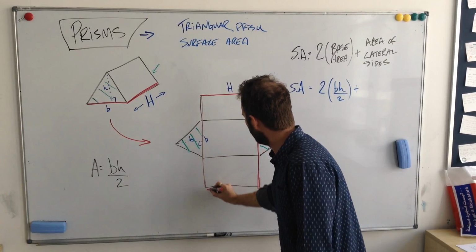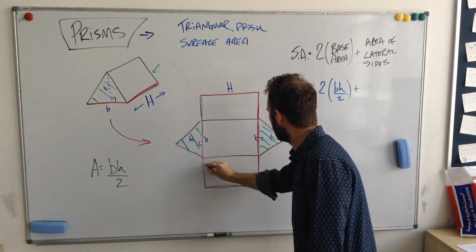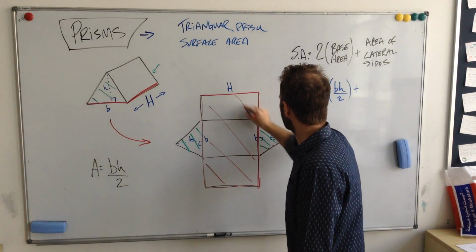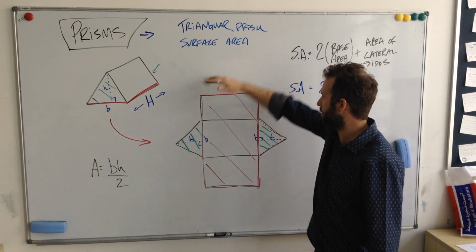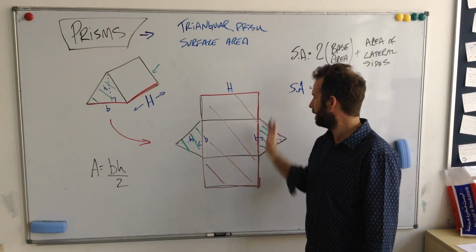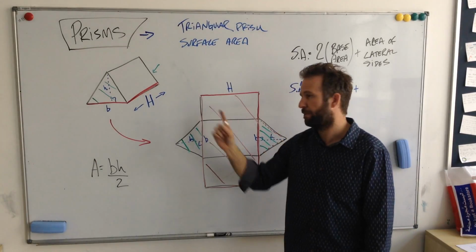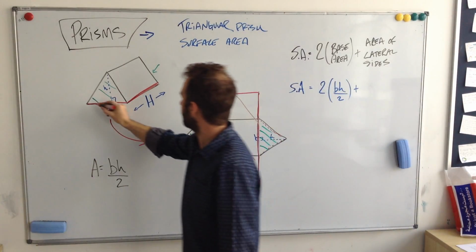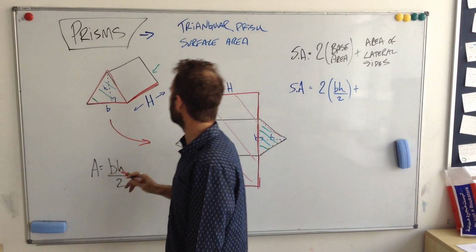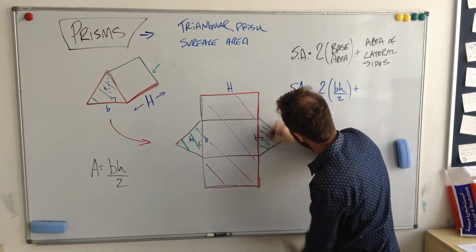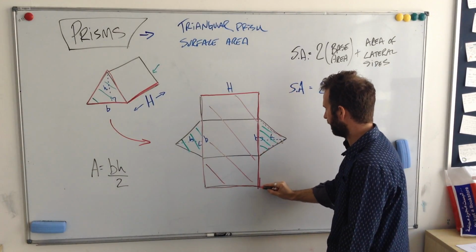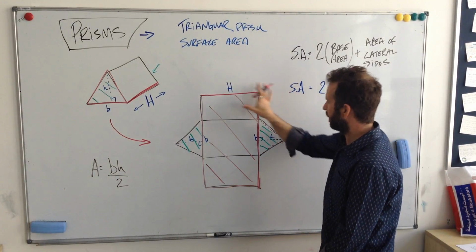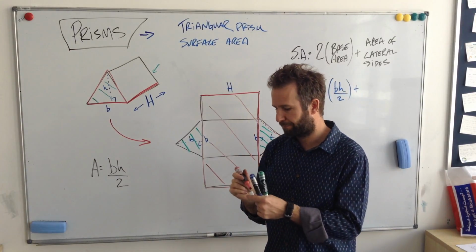So our lateral areas, all 3 of them together, can be discovered simply by multiplying our big H distance, which is the distance between the bases, multiplied by the perimeter of our base. Folded out, it represents this straight line here, from this spot to that spot. That creates one big rectangle.